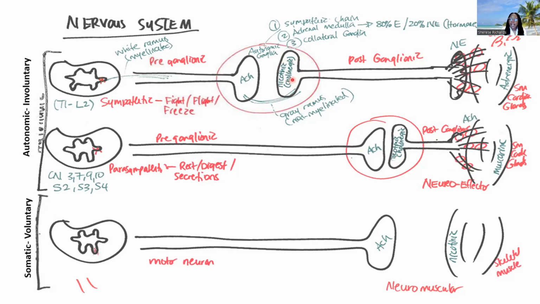Remember, nicotinic is an ionotropic receptor. The receptor is also a channel. So as soon as it binds, channel opens up, ions begin to move, sodium moves in more than potassium is moving out. And that allows for immediate depolarization of the postganglionic neuron.